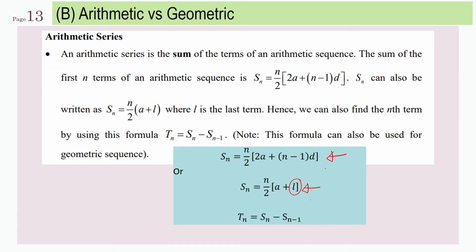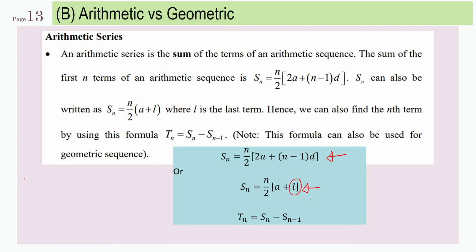Over here you need to notice one thing about Tn. If they provide you Sn or Sn minus 1, we can calculate Tn by this formula.